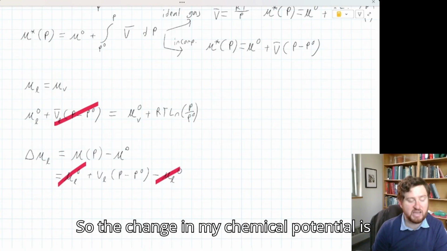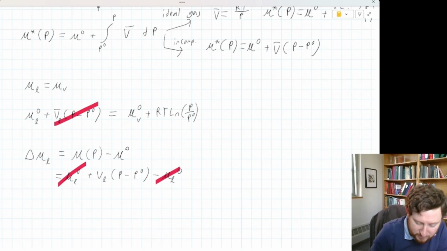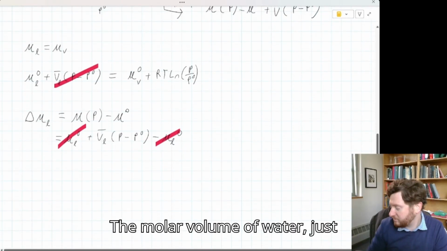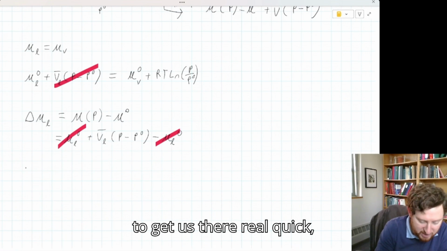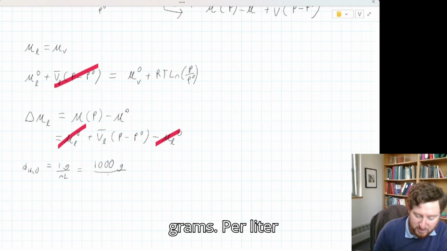So the change in my chemical potential is really just this term here. The molar volume of water, just to get us there real quick: the density of water is 1 gram per milliliter, or 1,000 grams per liter.